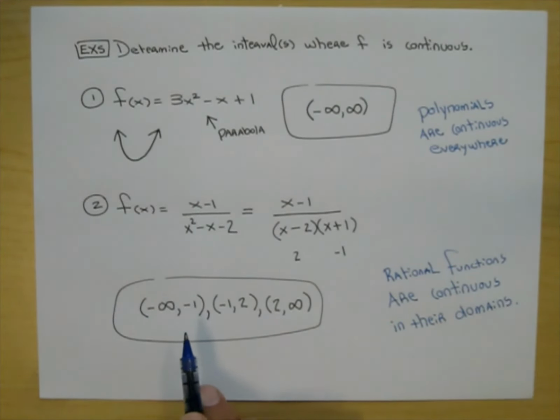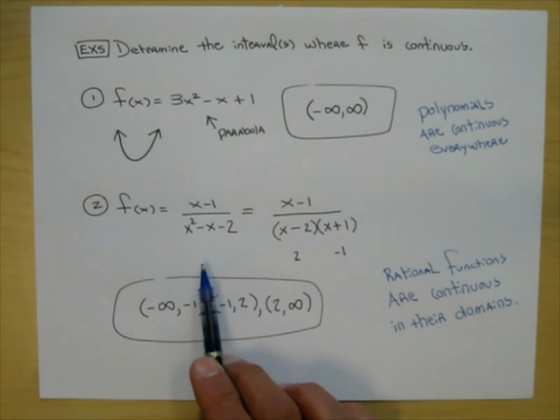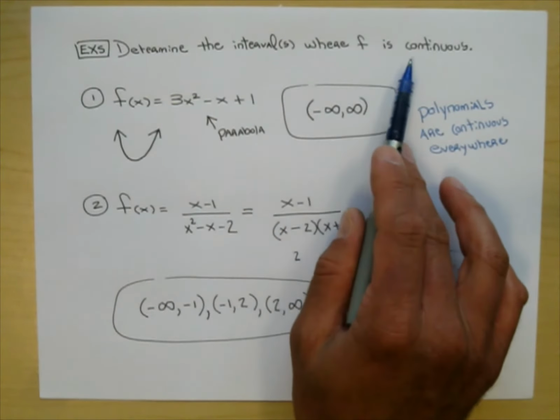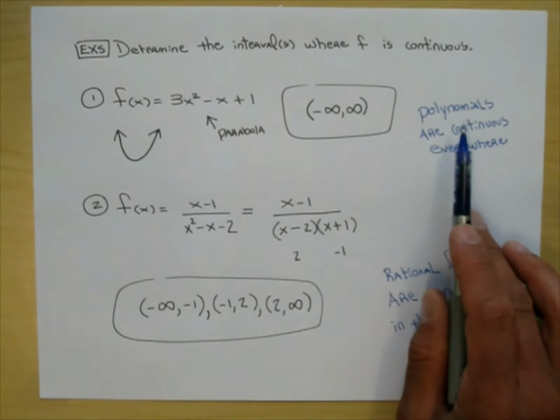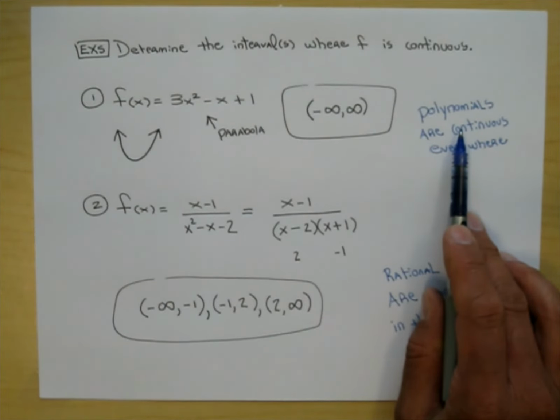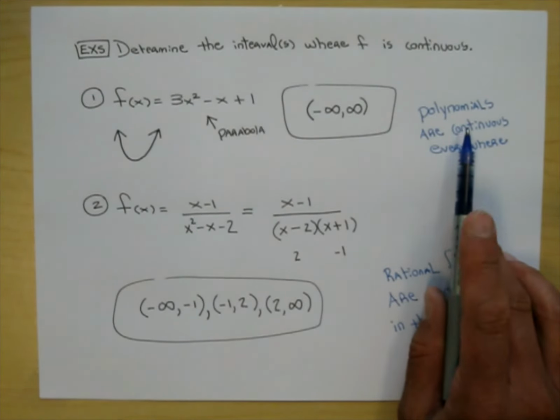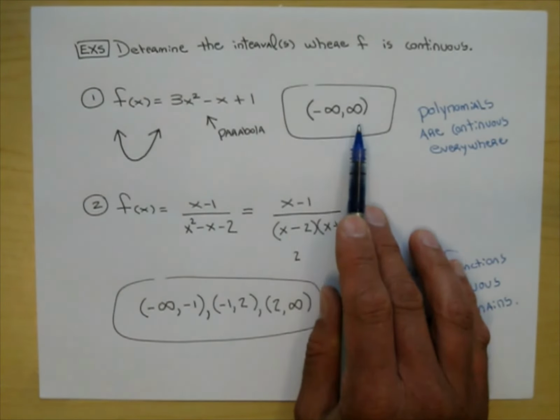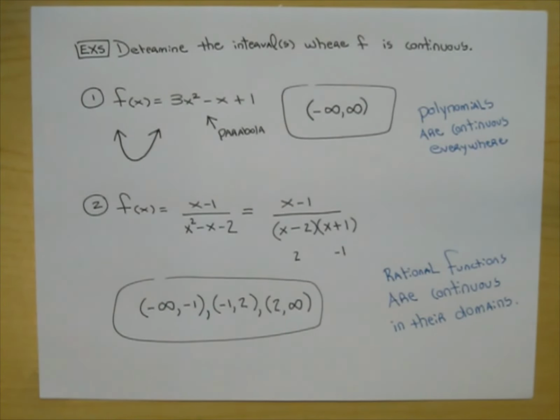So basically, if you get one in your homework and it's a rational function, all you have to do is find the domain, put that down, and then those are the intervals where f is continuous. With any polynomial in your homework, if they ask for the intervals of continuity, you're always just going to say negative infinity to infinity. So that's basically really what we have to do in our homework.